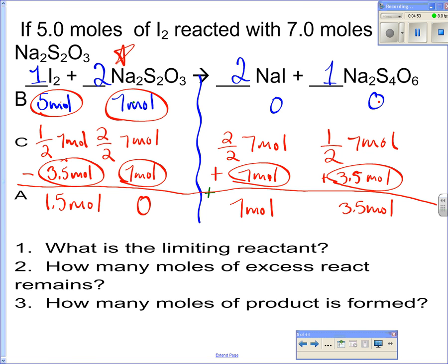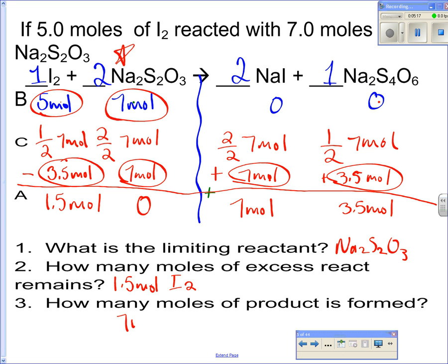Then, if I look at my questions, what is the limiting reactant? That's the guy I ran out of, so that's the Na2S2O3. And how many moles of excess reactant remain? That's what I have left, so I have 1.5 moles of I2. And how much product did I make?